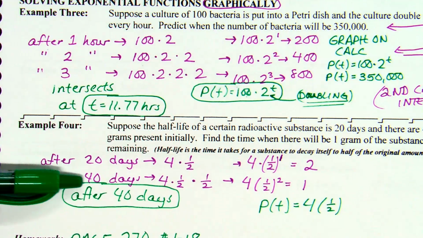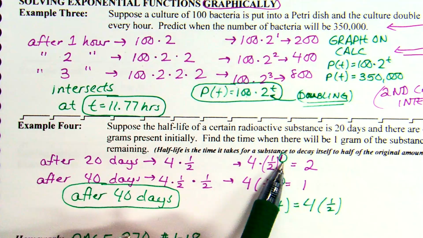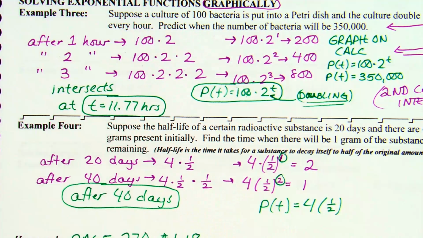And so, as I said, it's these exponents that are the problem. How can I put 20 in and 40 in, and they become 1 and 2? What do you have to do to 20 and 40 to respectively make them 1 and 2? Divide them by 20. 20 divided by 20 would be 1. Is that what I want for my first exponent? Yeah. 40 divided by 20 is 2, and that's what I want for my second exponent.